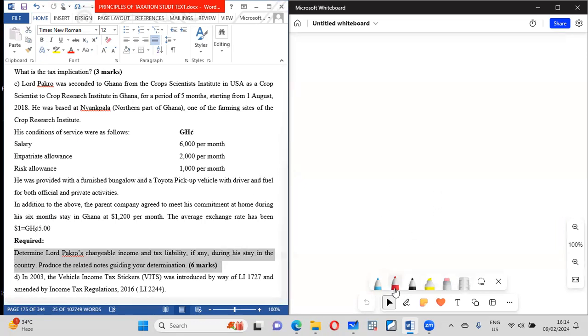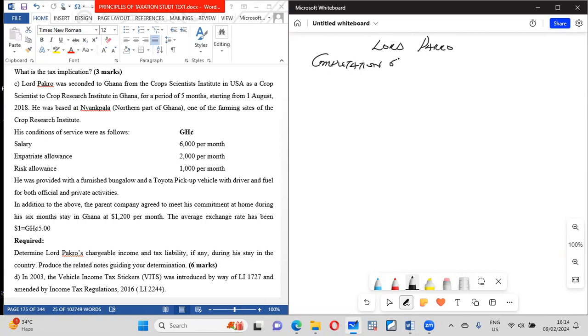How do you go around this? Like I told you, you will do Lord Parkrow, and you are asked to do the computation of chargeable income.